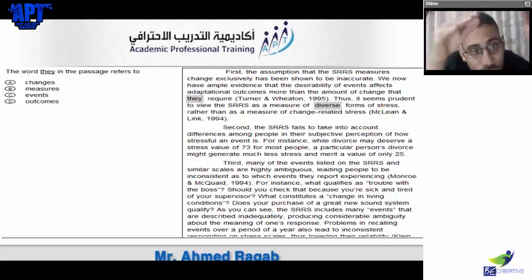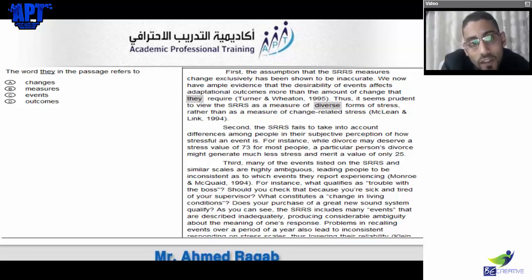The word "they" in the passage refers to... So let's think about it. Let's read the whole sentence. First, the assumption that the SRRS measures the changes exclusively has been shown to be incorrect.